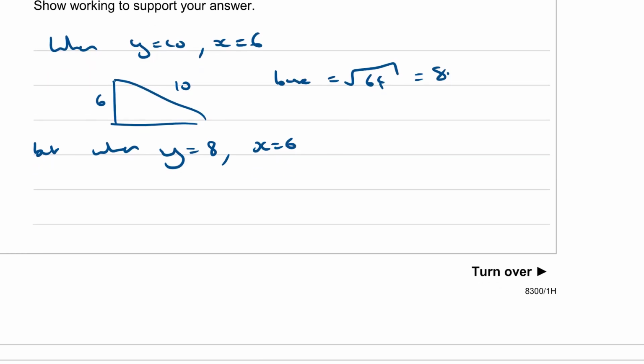Then the base is going to be equal to the square root of, the square of 8 is 64, subtract the square of 6, which is 36, square rooted. 64 subtract 36 is 28, and that is a decimal.